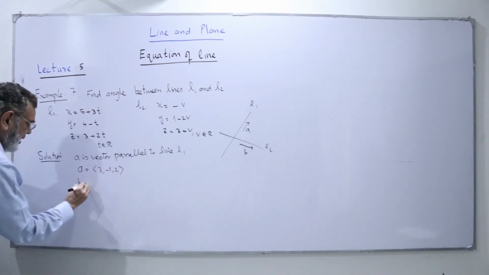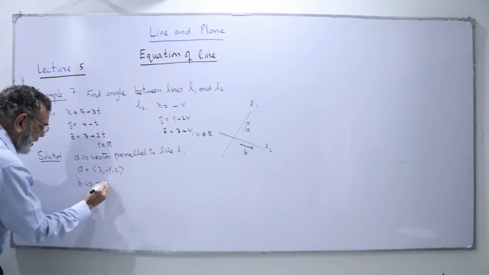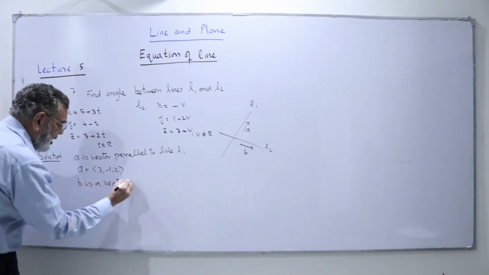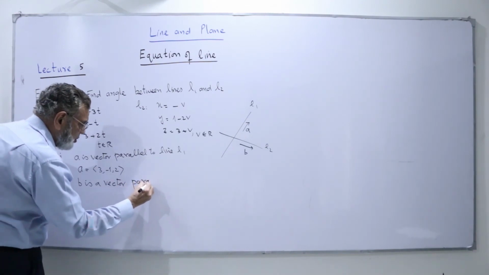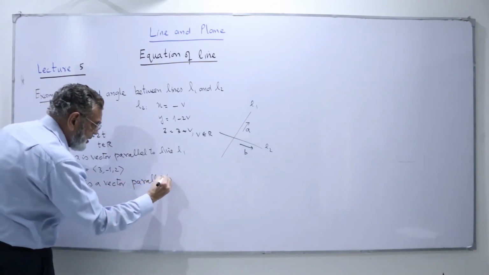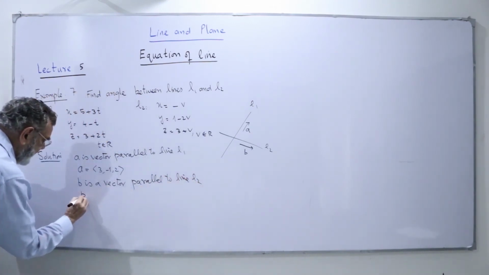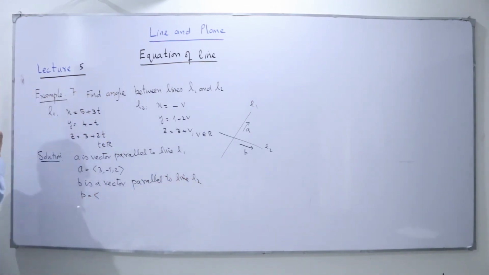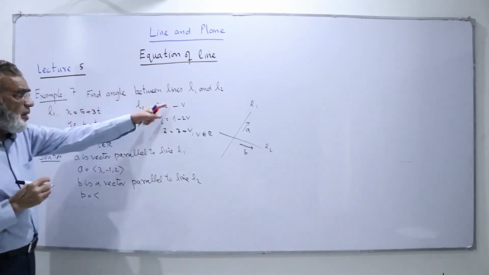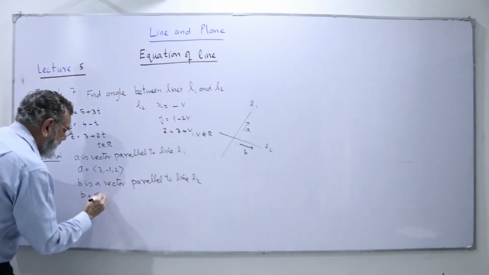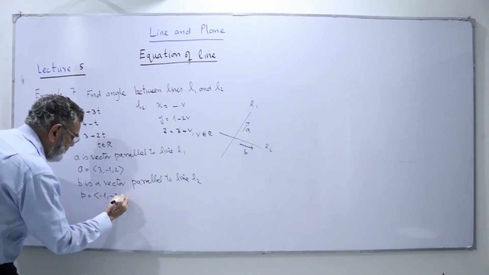And B is a vector parallel to line L2. So I have the coefficients of the vector B: -1, -2 and 1.